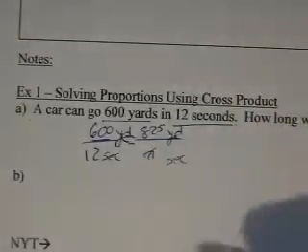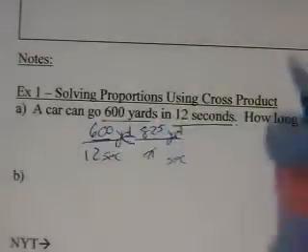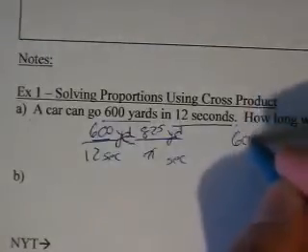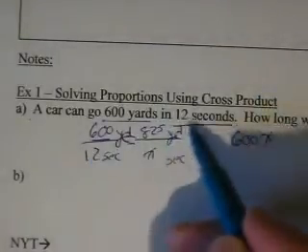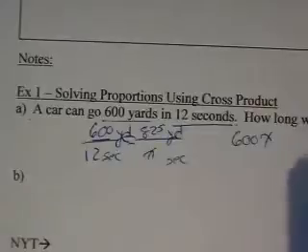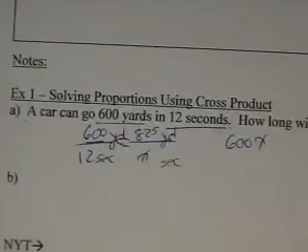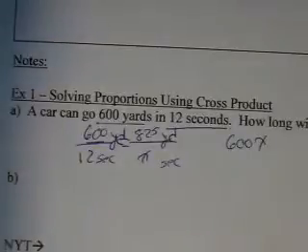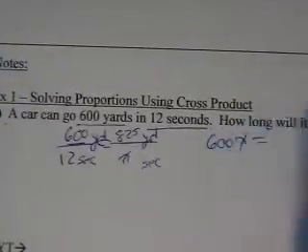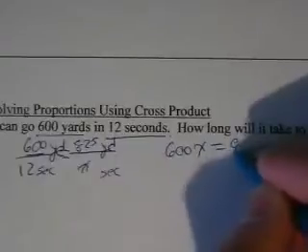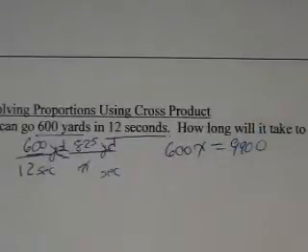We would cross multiply. 600 times x would be 600x. 12 times 825, I'm punching in on my calculator, equals 9,900.